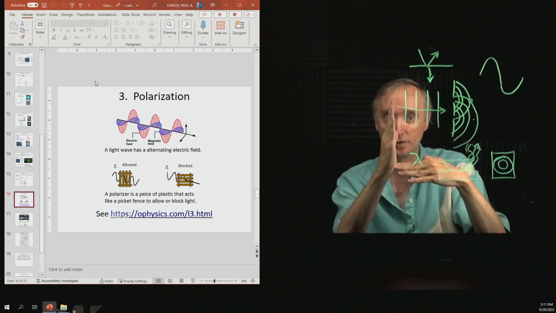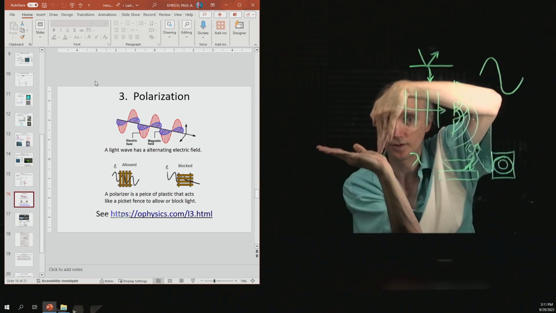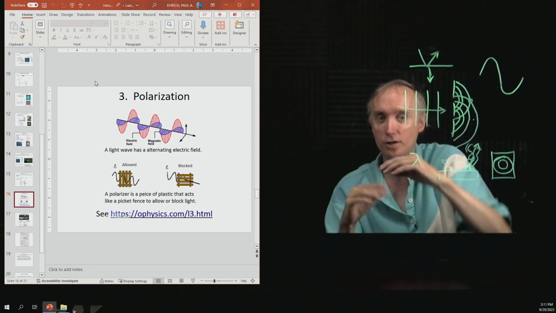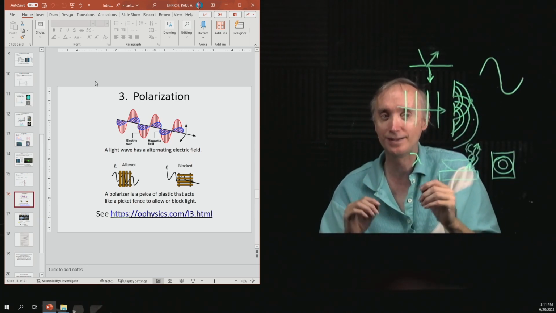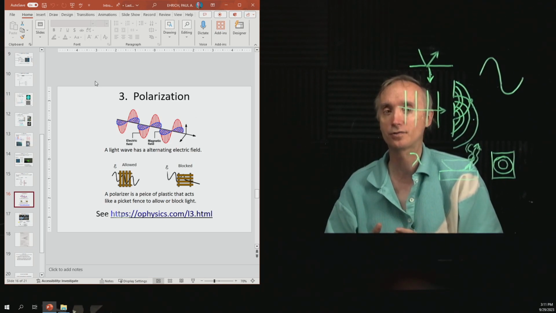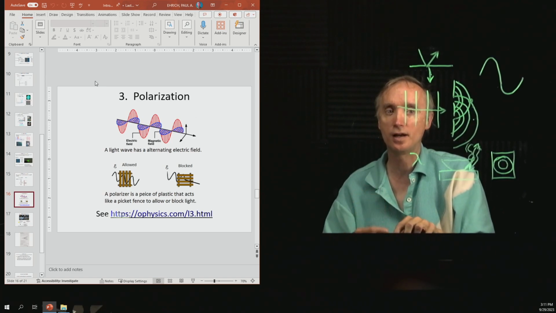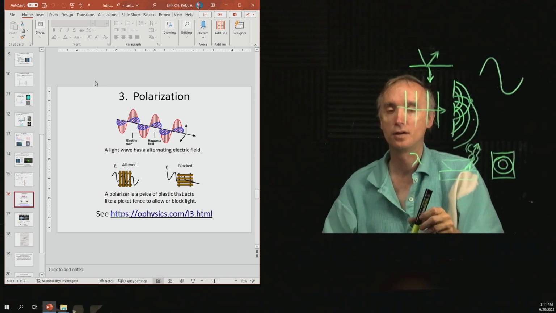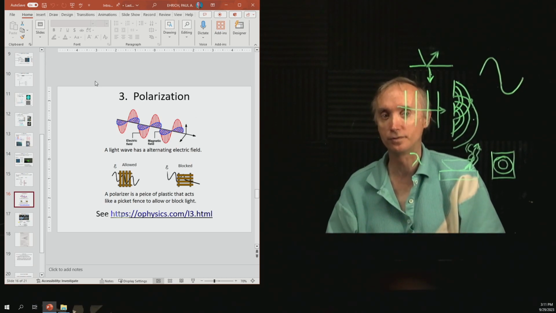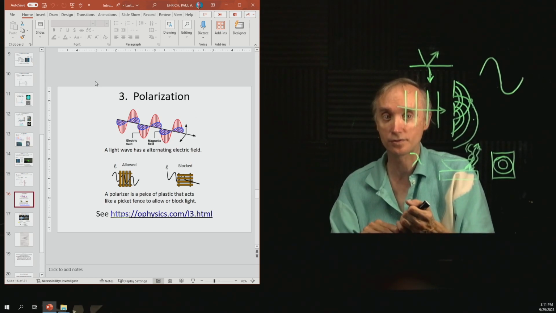Now, the magnetic field is still perpendicular to it. So if the electric field's like this, the magnetic field's like that. But we don't care about the magnetic field, so let's just concentrate on the electric field and what it does. There are certain kinds of materials called polarizers that can stop the electric field. A polarizer acts like a picket fence.